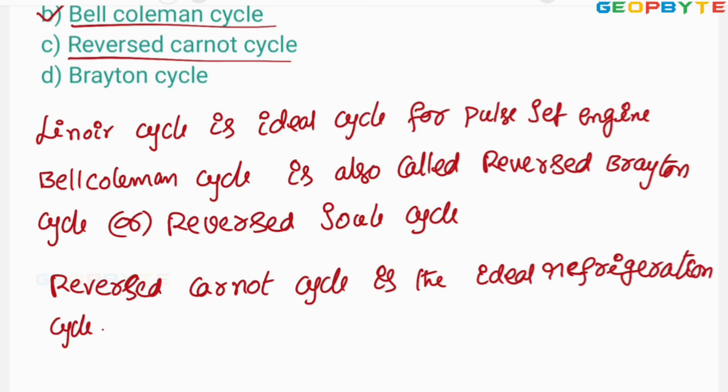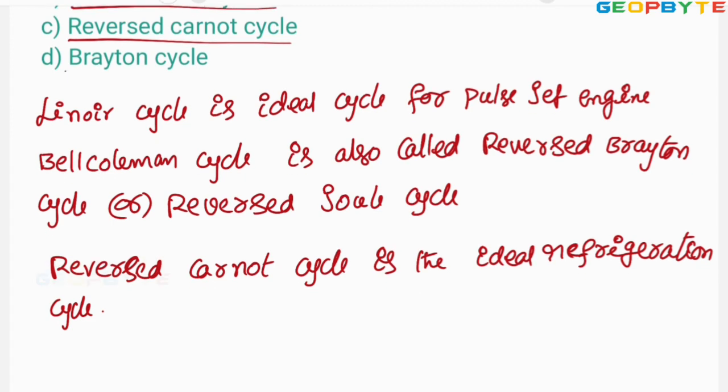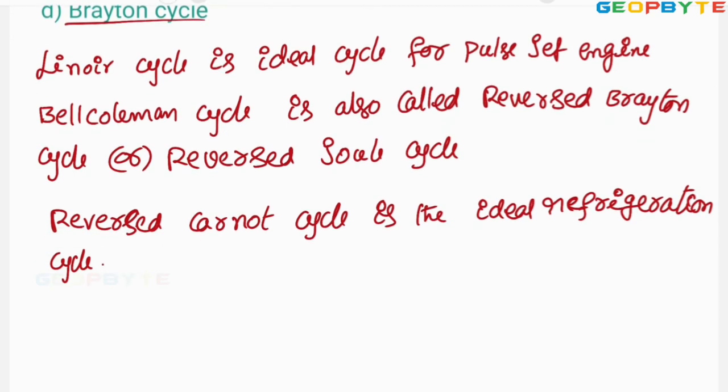Carnot cycle is the ideal cycle for heat engine, whereas reversed Carnot cycle is the ideal cycle for refrigeration. Brayton cycle is the ideal cycle for gas turbine power plant.